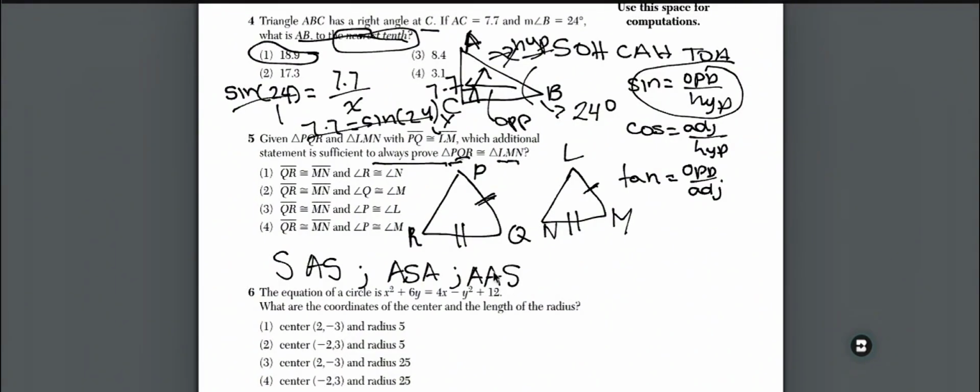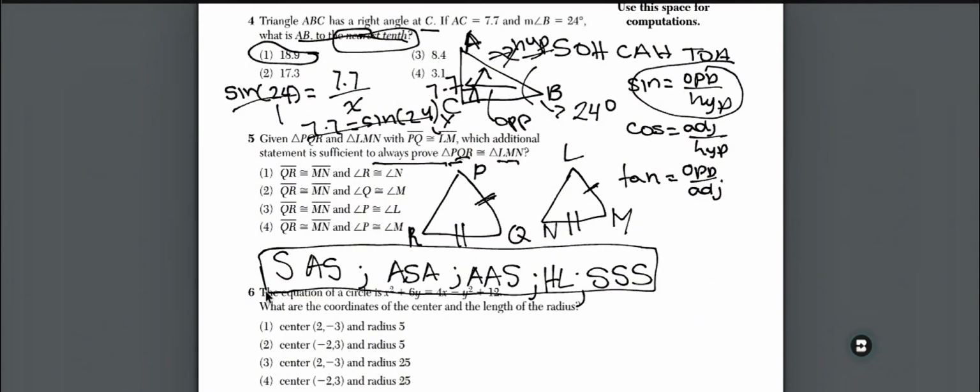These are the only triangle congruency theorems, and hypotenuse-leg, of course, for right triangles, that are acceptable. We cannot accept any other theorems. So there's one more I'm missing, which is side, side, side. Please remember your triangle congruency theorems. It can only be side, angle, side; angle, side, angle; angle, angle, side; hypotenuse-leg; and side, side, side.